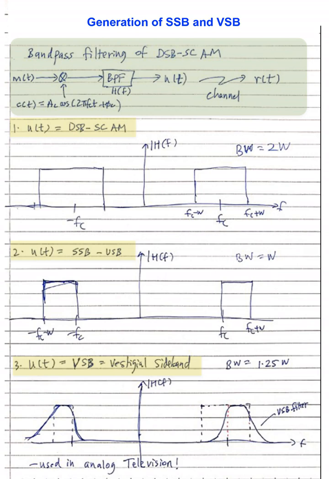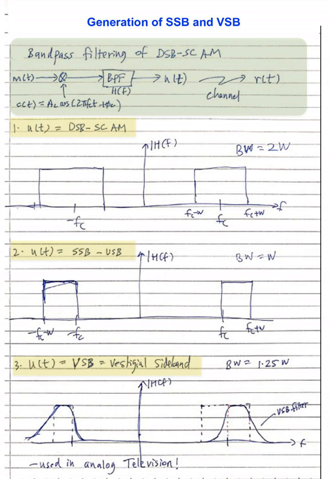At the transmitter, the message M of t is multiplied by the carrier C of t and then passed through a bandpass filter H of f to get the modulated signal to be transmitted, U of t. Depending on the form of the filter H of f, we can get double sideband suppressed carrier AM or single sideband AM or vestigial sideband AM.